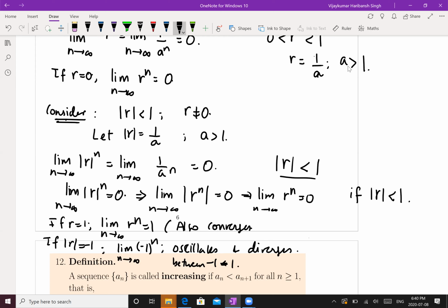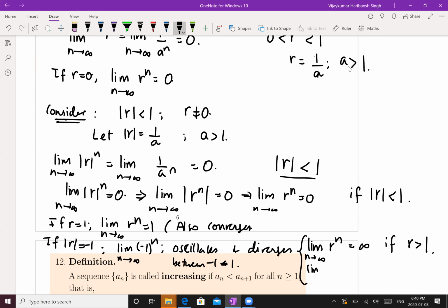Now, what is the next case? What about the other cases? The limit of r to the power n as n goes to infinity is infinity if r is greater than 1.